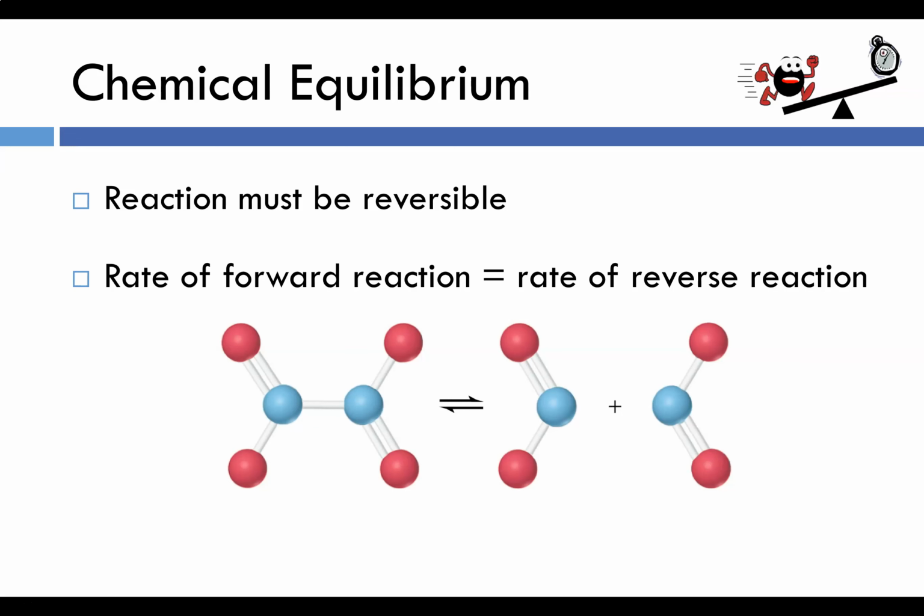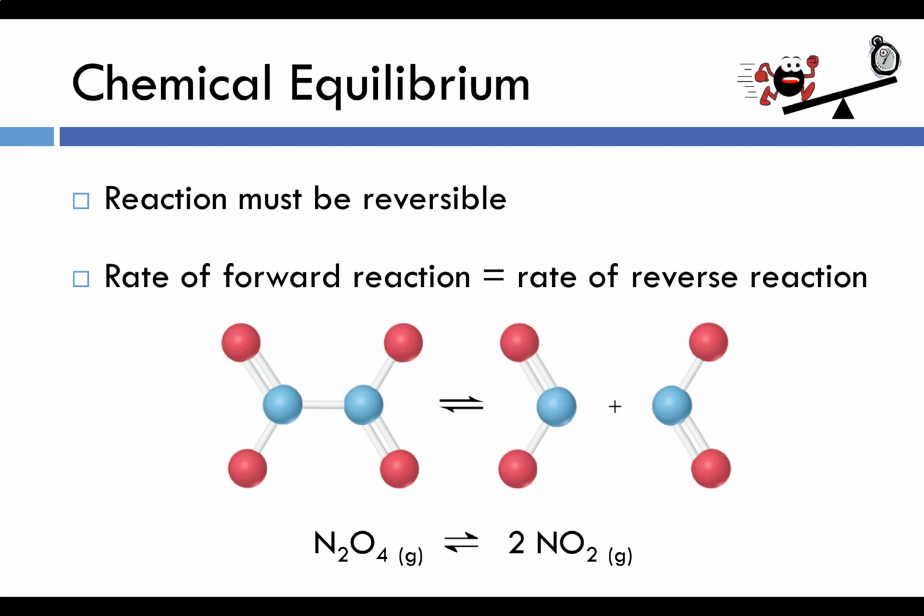For this particular reversible system, we have N2O4, dinitrogen tetroxide, in a reversible reaction with two NO2, two nitrogen dioxide. Just like with our other systems, if you were just to look at a reaction vessel containing this reversible system, it would look like nothing was really taking place.